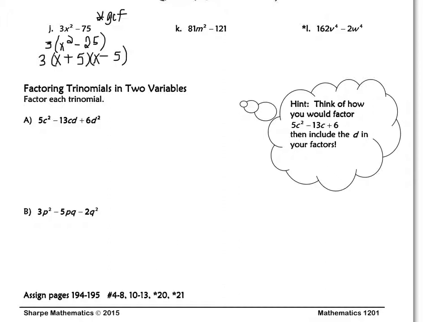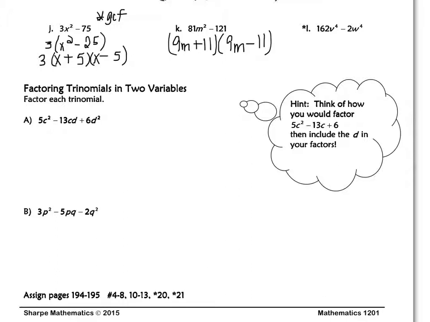And the next one is again a difference of two perfect squares. The square root of 81m squared would be 9m, and the square root of 121 would be 11. And one would have a plus and one would have a minus. And the next one, again, kind of looks like a difference of perfect squares, except 162 and 2 aren't perfect square numbers.